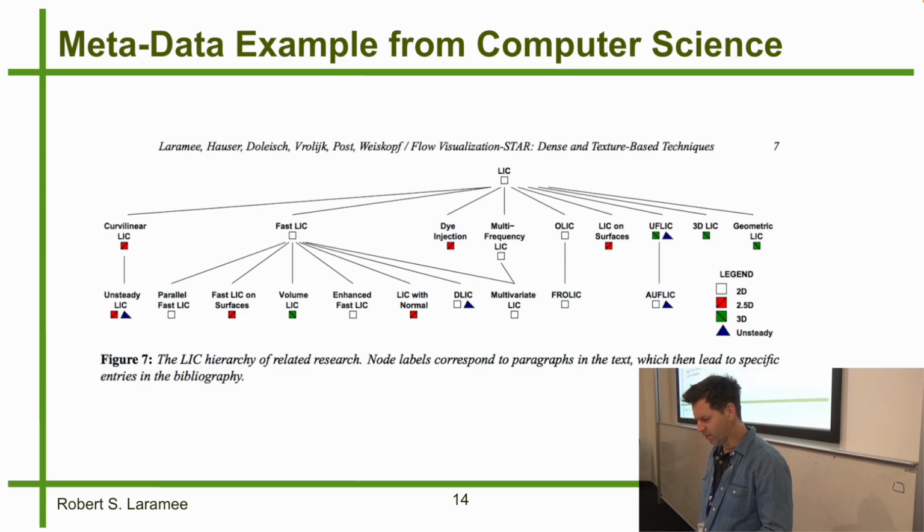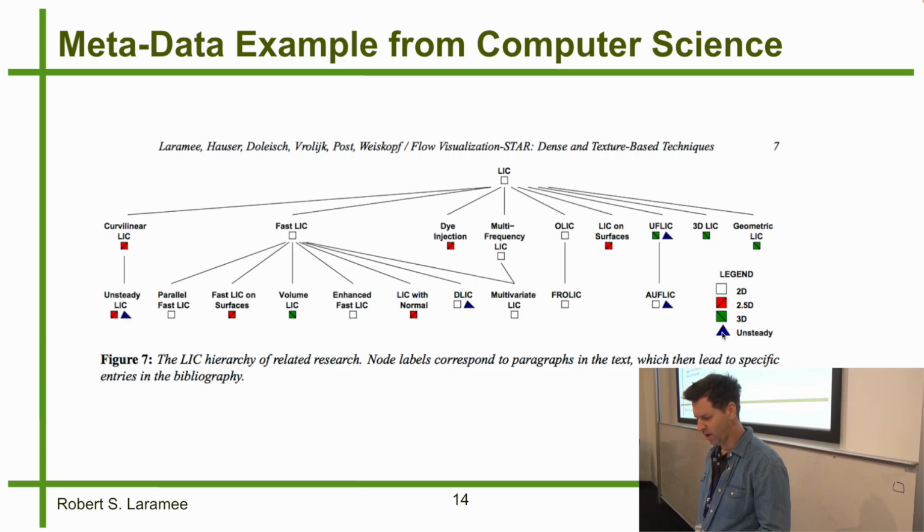This graph summarizes how all these papers are related. This paper, for example, took a 2D algorithm and extended it to surfaces. That's what this 2.5D means, surfaces. It took the original and extended it to 2D surfaces, but then someone took this one and extended it to surfaces in time-dependent data.